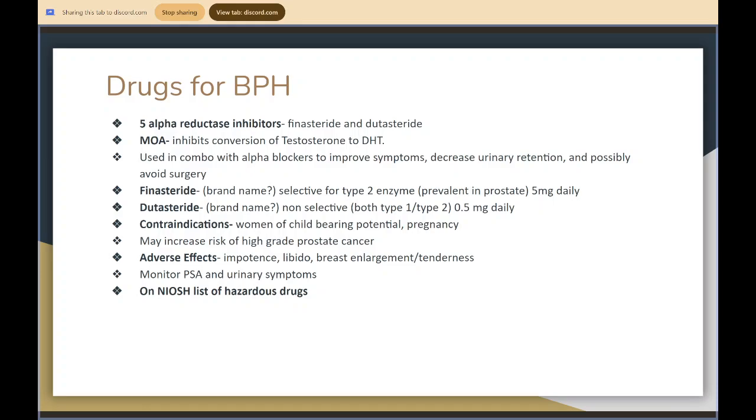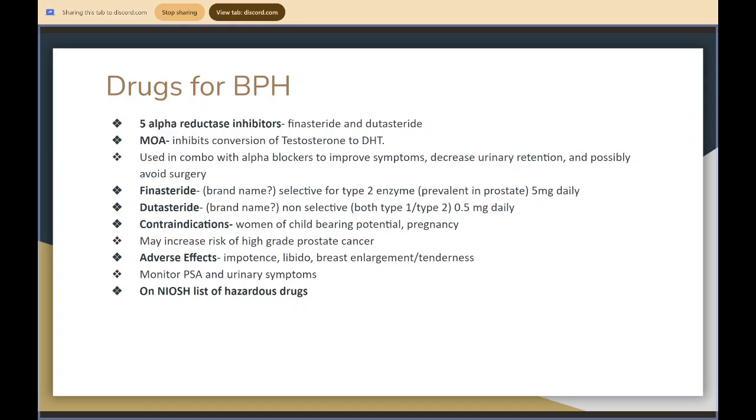So, finasteride and dutasteride are the two 5-alpha reductase inhibitors. Can anyone tell me a brand name for finasteride and a brand name for dutasteride? You can tell me one, you can tell me both. I will accept it. Now, these are used in combination with alpha blockers to improve symptoms, decrease urinary retention, and possibly avoid surgery.